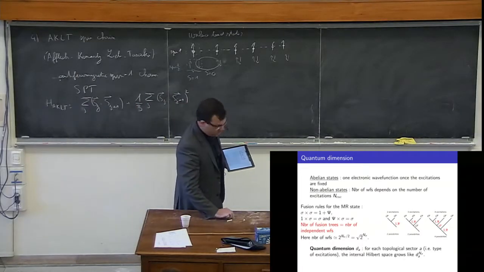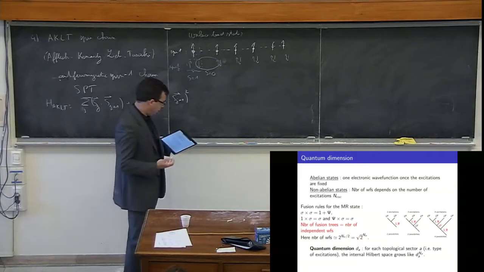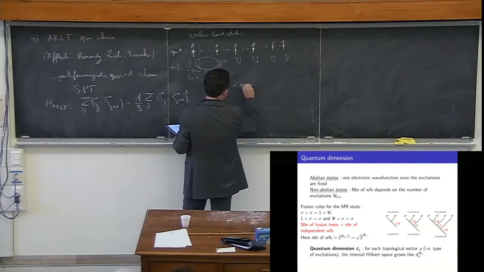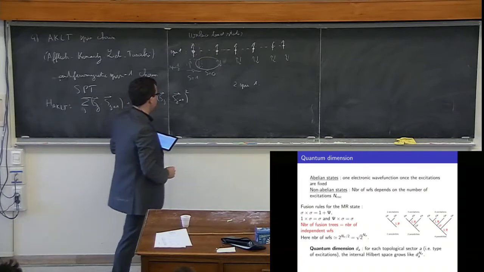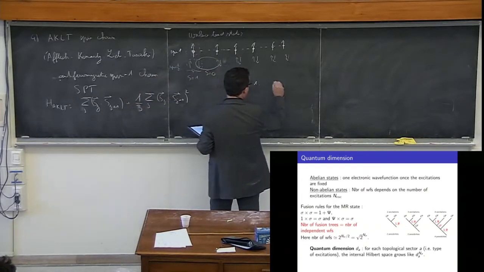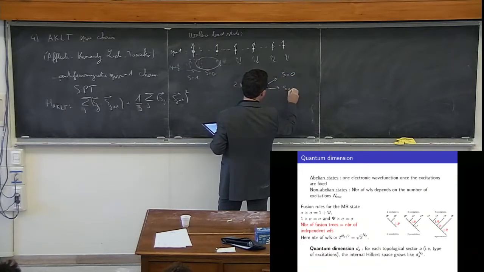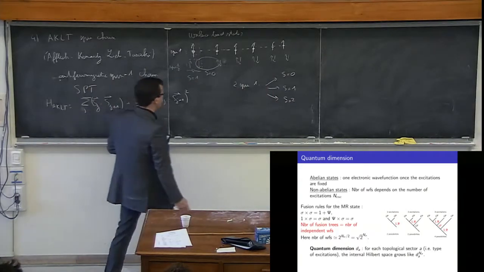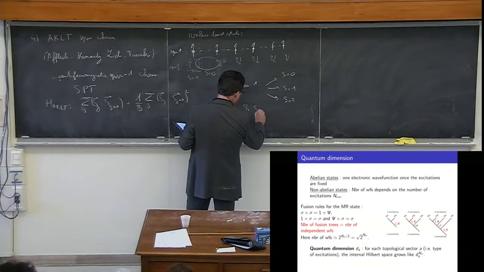If this is the first time you see this example, there is a simple exercise that you can do. Let's say you take 2 spin 1. If I take 2 spin 1, I can combine them into a spin 0, a spin 1, or a spin 2. Now you use the usual trick.